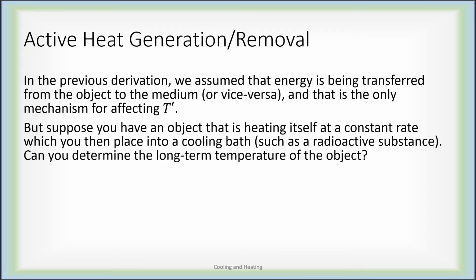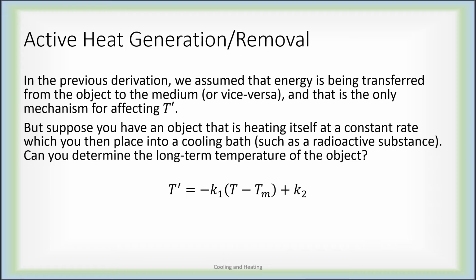But what if the object is itself generating heat at some sort of constant rate? Like I might have a radioactive substance that I'm putting into a cooling bath. I'm relying on energy being transferred from the object to the cooling bath, but the object is generating its own energy simultaneously. So can we determine the long-term temperature of an object in such a system?